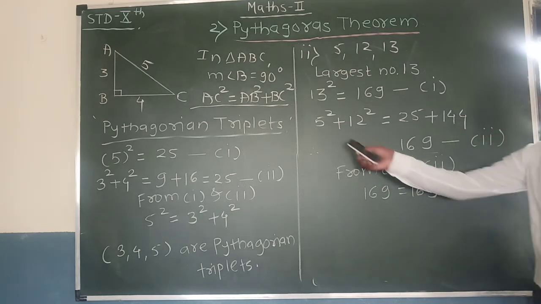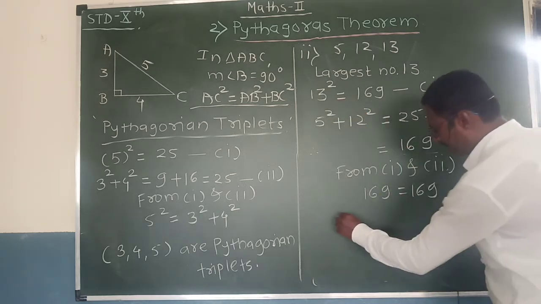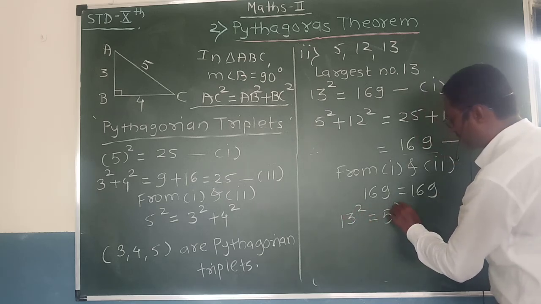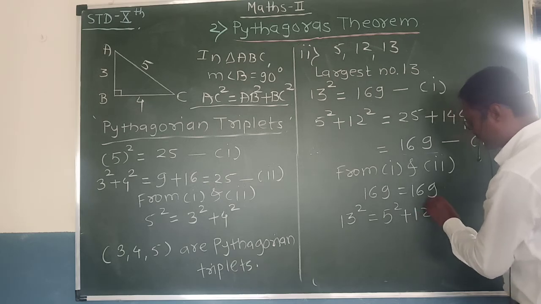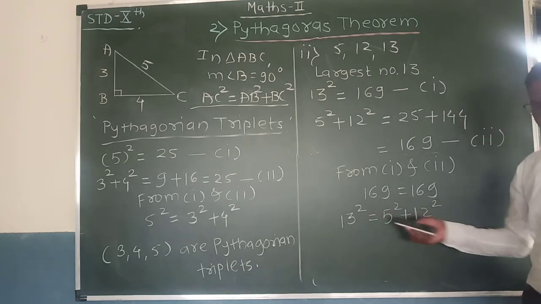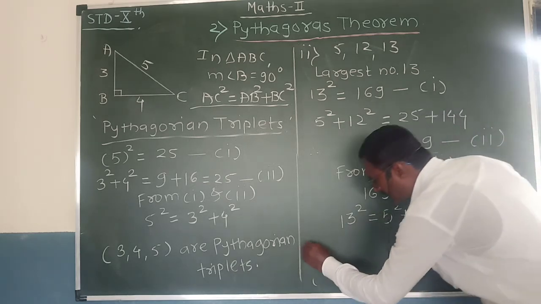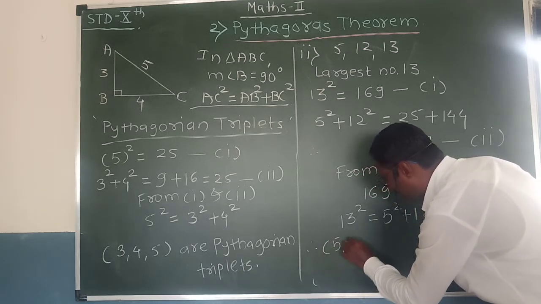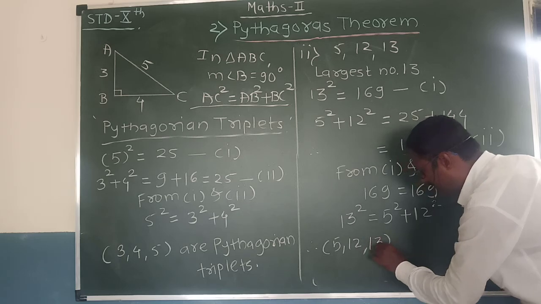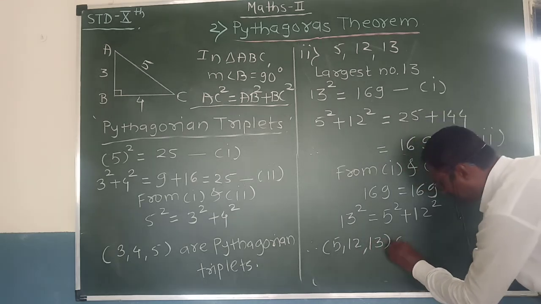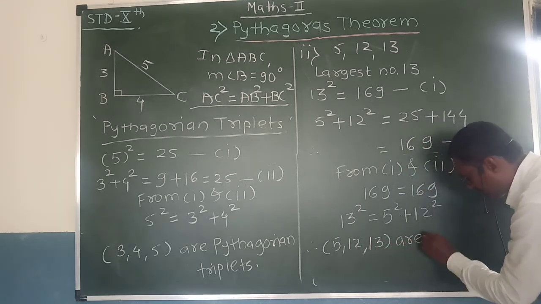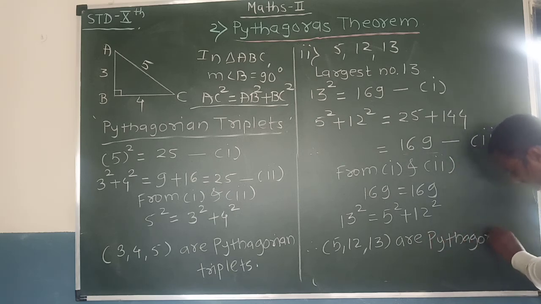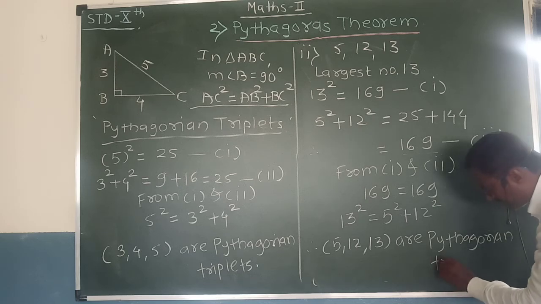So, comparing the LHS of both equations, 13 square is equal to 5 square plus 12 square. This equation is satisfied. So, the given integers 5, 12 and 13 are Pythagorean triplets.